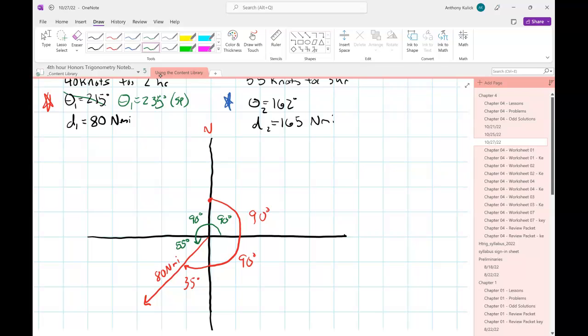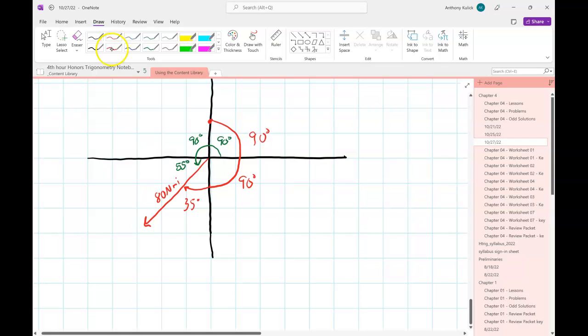Everybody cool now? So currently our boat or whatever would be here. Everybody agree? So what I'm going to do now, actually let me do this. Draw it there.